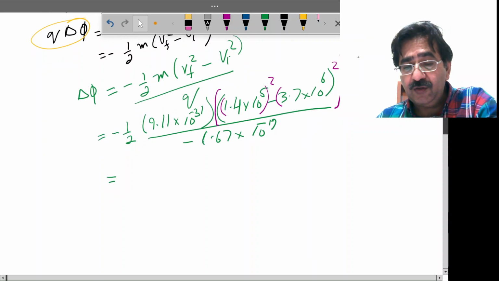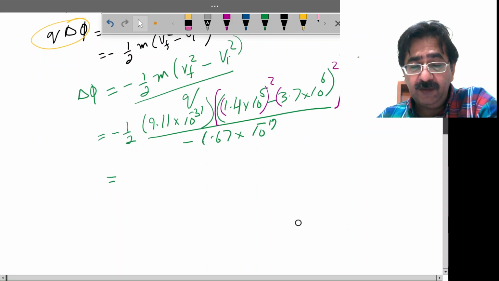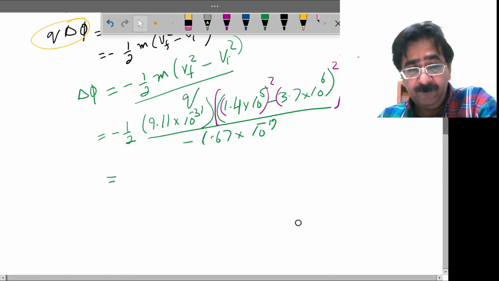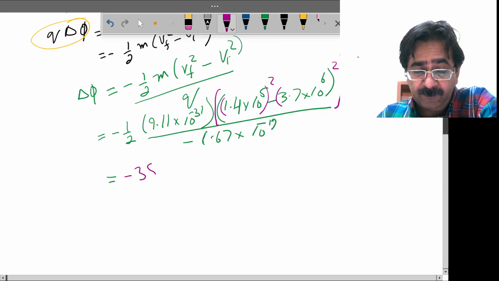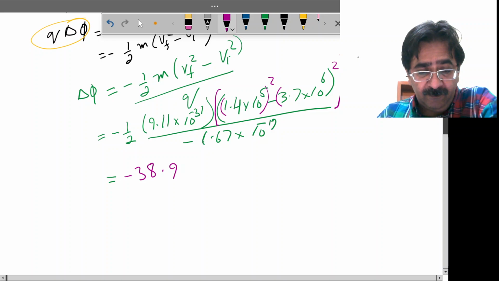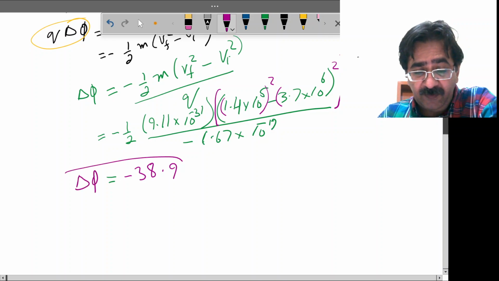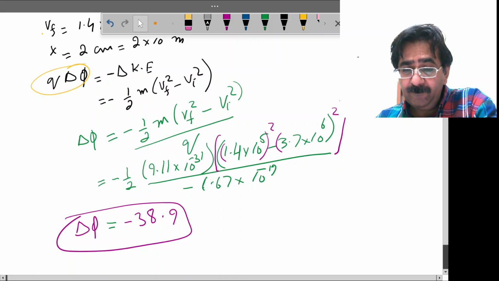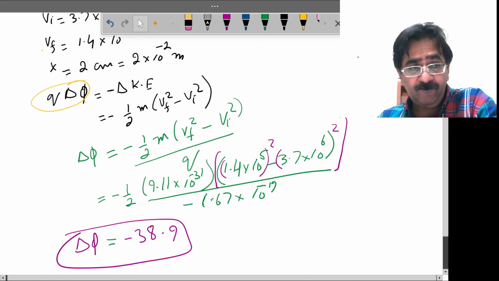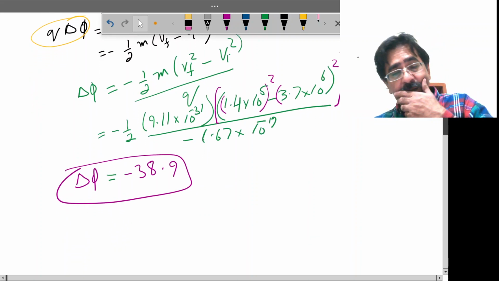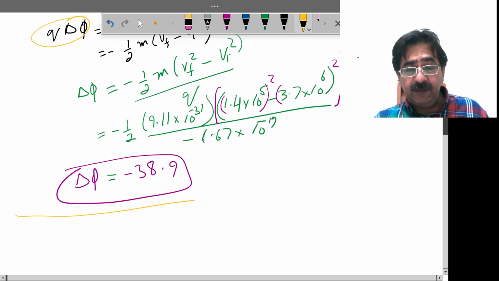So the required result will be equal to minus 38.9. So that is all about this.